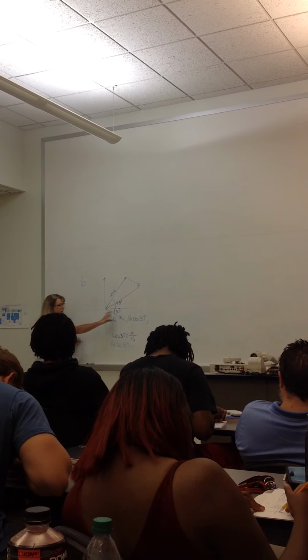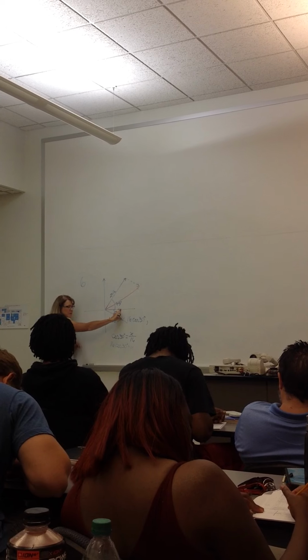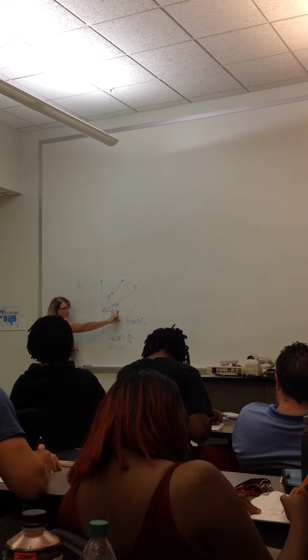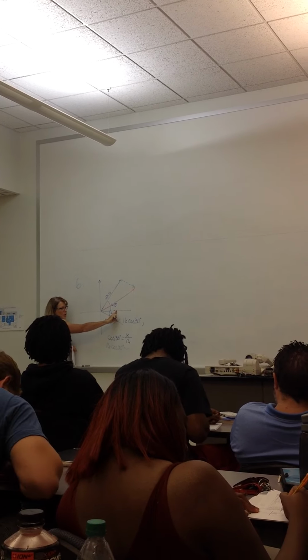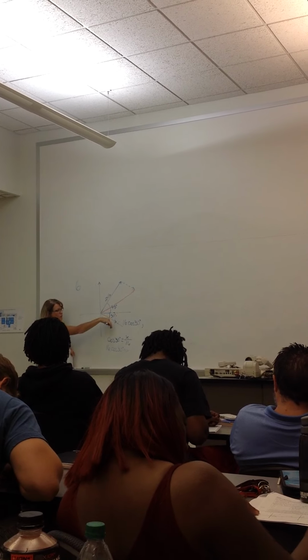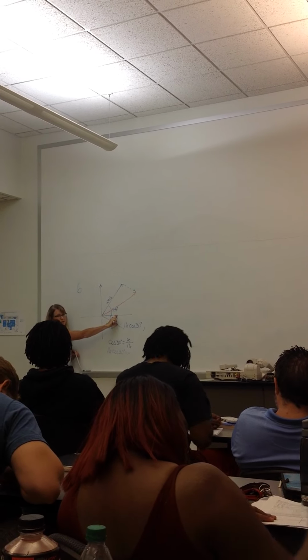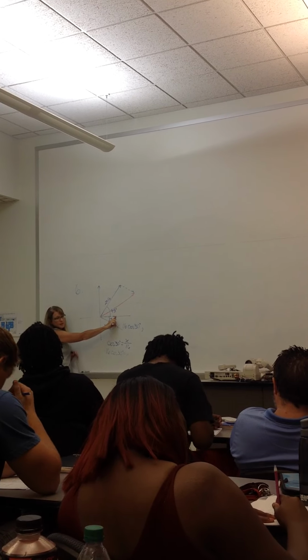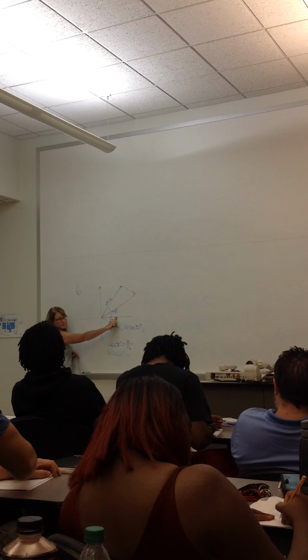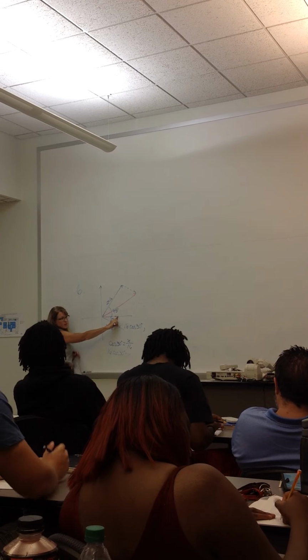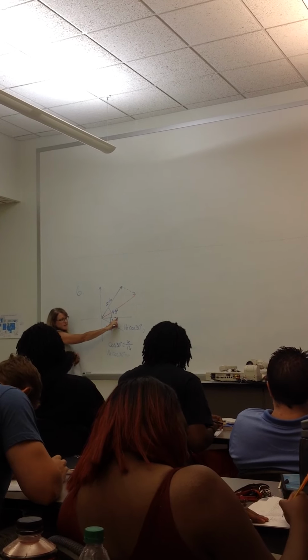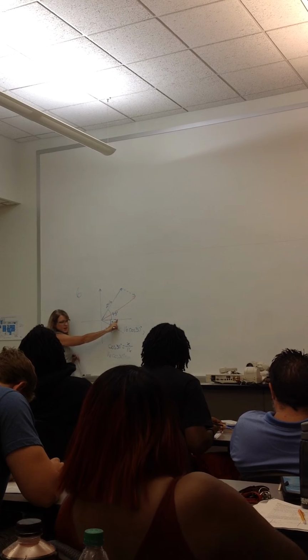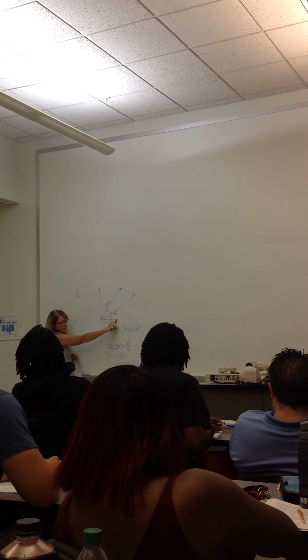My Y is the opposite side of the triangle, but notice I'm down in quadrant 4, so what's true about the sign of Y? If I'm in quadrant 4, what's the sign of Y? And I'm not saying sine, I'm saying sign. It's negative, okay?